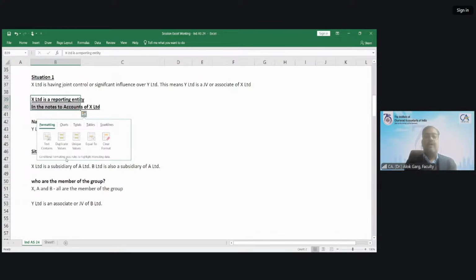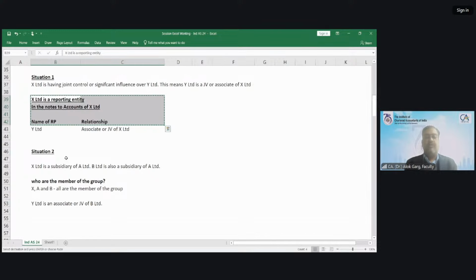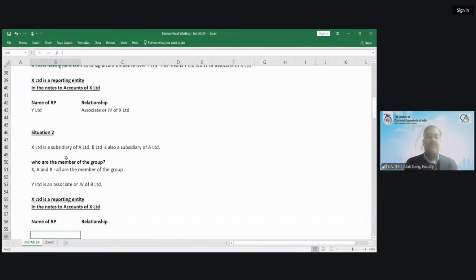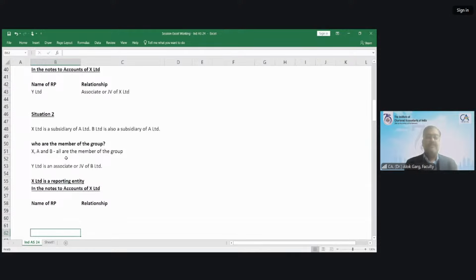In the notes to accounts of X Limited, who all will come here? Of course, A Limited will come, the parent. B Limited will come, as B Limited is a fellow subsidiary.